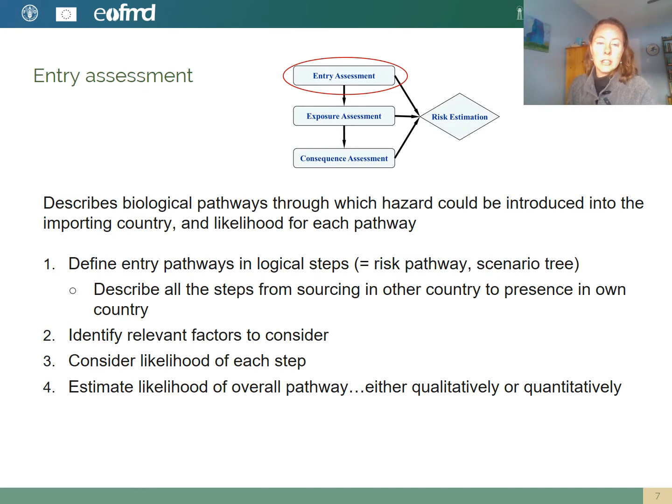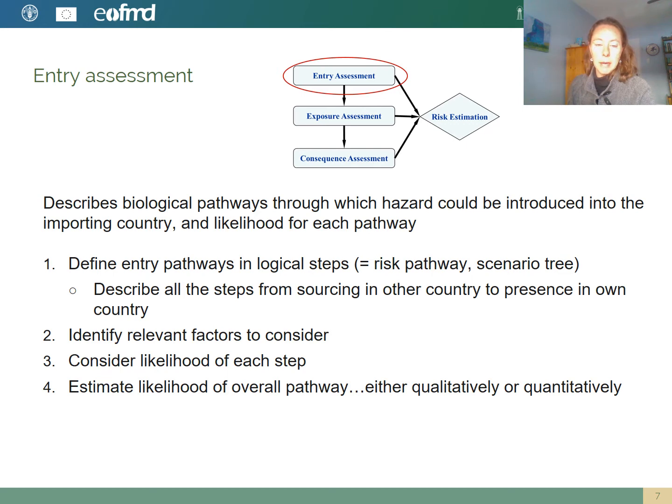Let's look at the different components of risk assessment in a little bit more detail, starting with the entry assessment. The entry assessment describes the biological pathways by which the hazard could be introduced into the importing country and estimates the likelihood of that entry. We can think of it in 4 steps. First of all, the entry pathways have to be defined and logical steps outlined.